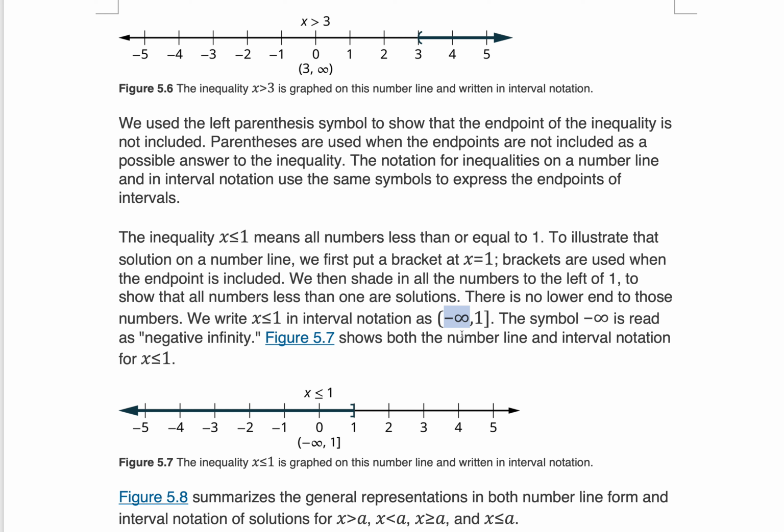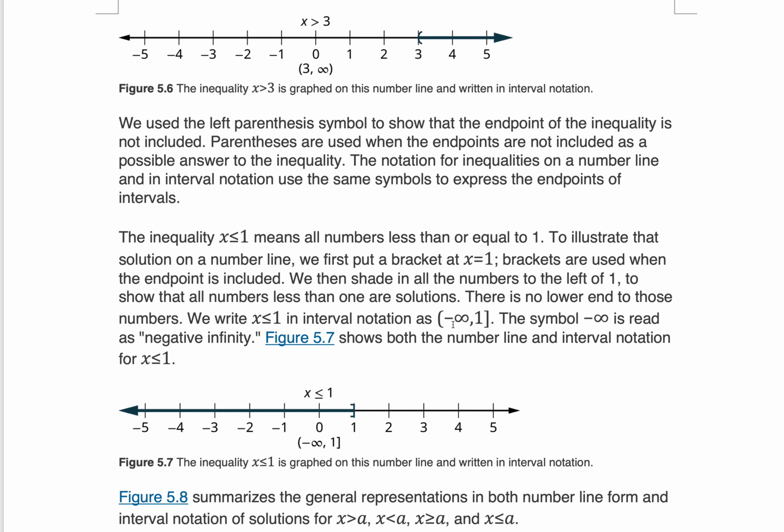Another small thing to remind you of is the parentheses for infinity. Either way, infinity or negative infinity is not an actual number, so it does not make sense to have infinity included. So we always have the round parenthesis with the infinity sign, either positive or negative.